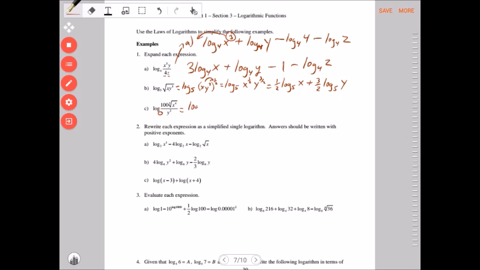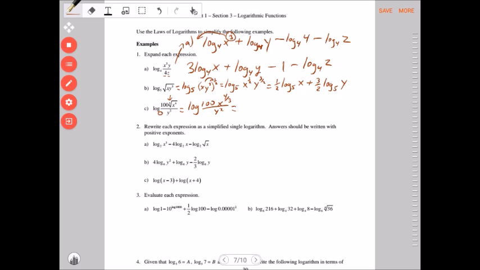So this is really just log 100 x to the 4/3. Remember that rule? The index on the root is just the denominator on the exponent's fraction. So 4/3, and then of course over y squared. Okay, so that's how we set this up.